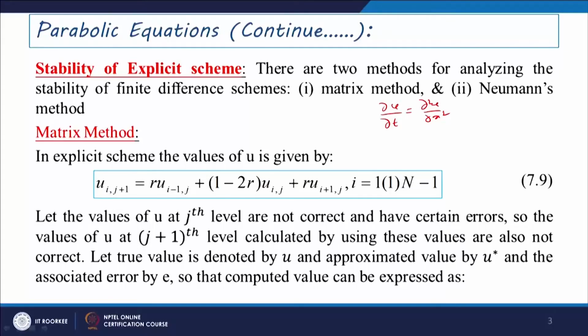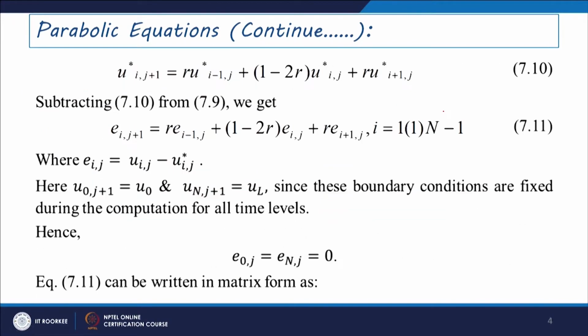Let the true value be denoted by u and the approximated value be denoted by u star, and the associated error by e, so that the computed value can be expressed as u star i, j plus 1 equals r u star i minus 1, j plus 1 minus 2 r u star i j plus r u star i plus 1, j.